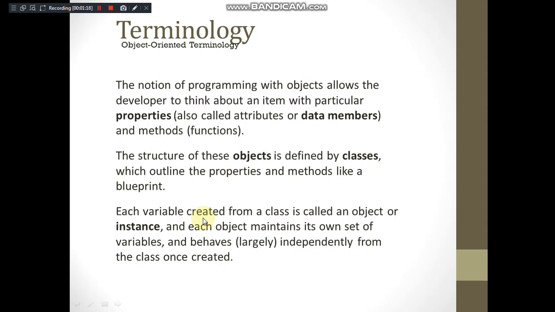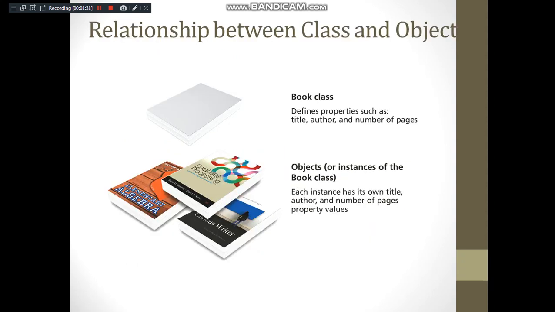Each variable created from a class is called an object or an instance, and it maintains its own set of variables and behaves independently from the class which has created it. You already know the concept of classes and objects from object oriented languages like C++ and Java.